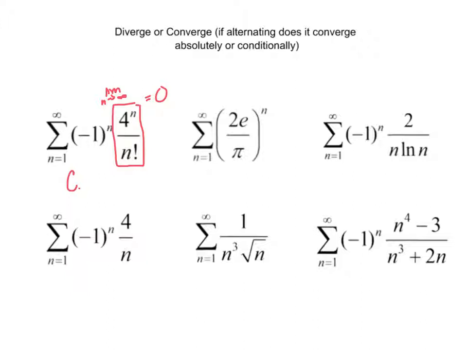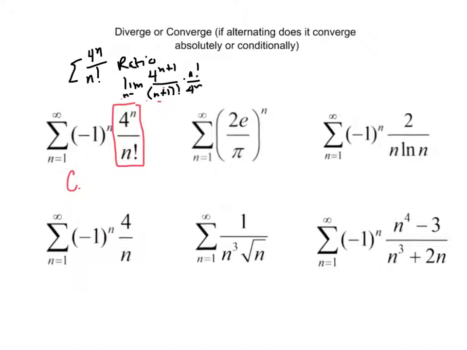Now the next thing to think about is if I dropped the alternating piece, if I didn't have that -1 there, and I simply was looking at this sequence, 4 to the n over n factorial, does that converge? Well, by ratio test, it does. Remember, ratio test says you take the next term, divide it by the previous term, multiply by the reciprocal, and you find the limit.